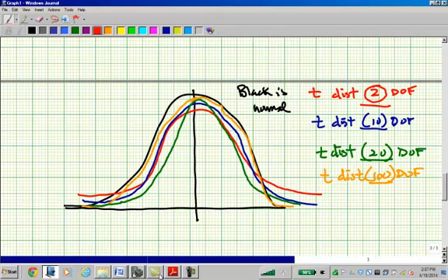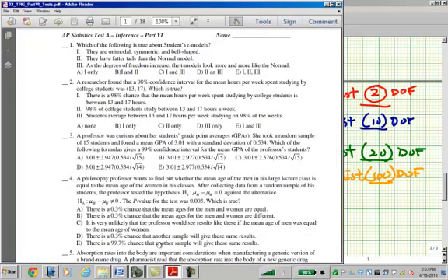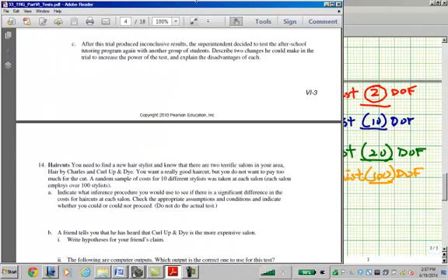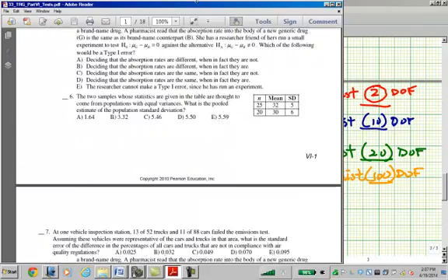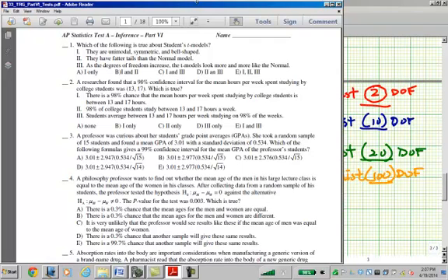Okay, now let's go back to the test. Let's keep doing this. Let's go back to A and question number 2. Okay, and then maybe we'll discuss how every one of these questions works and do the ones that are similar. Okay, a 98% confidence interval for the mean hours per week spent studying was 13 to 17.